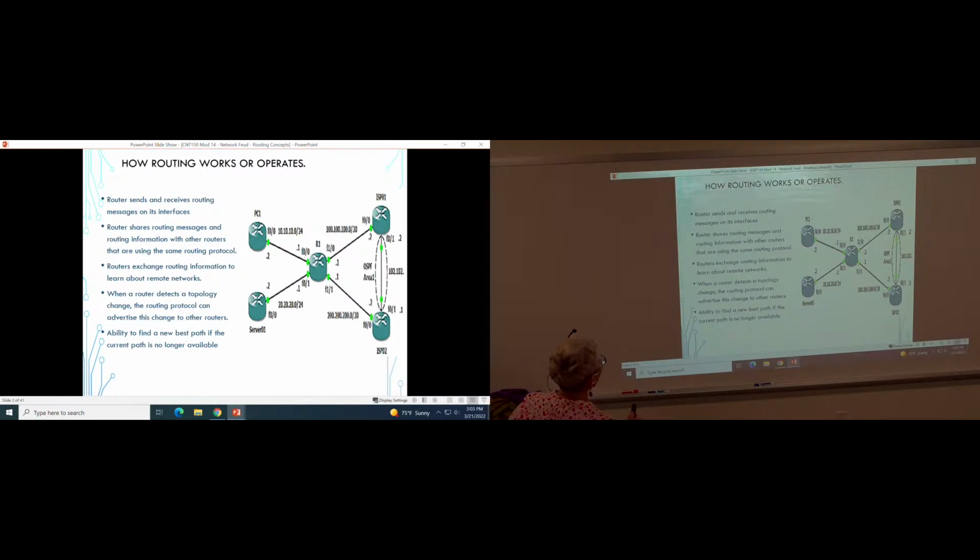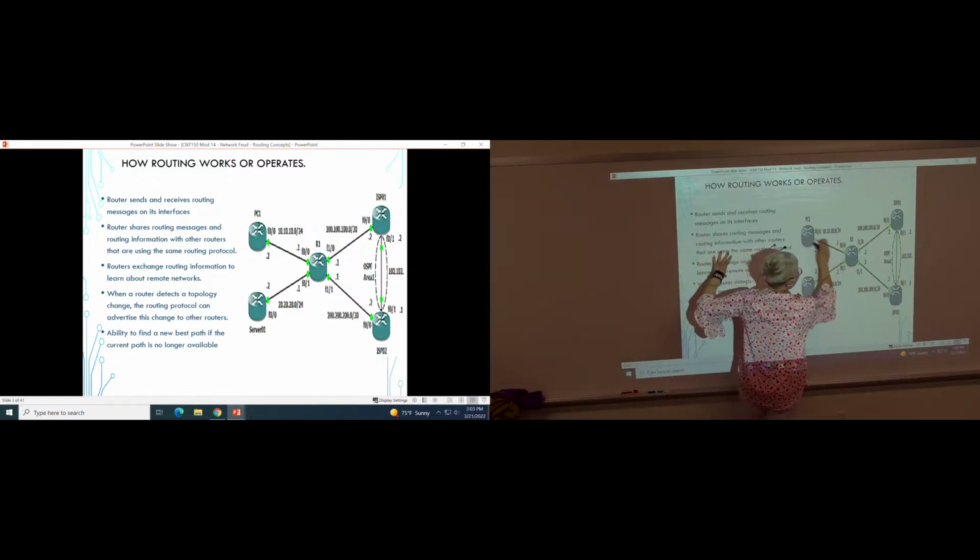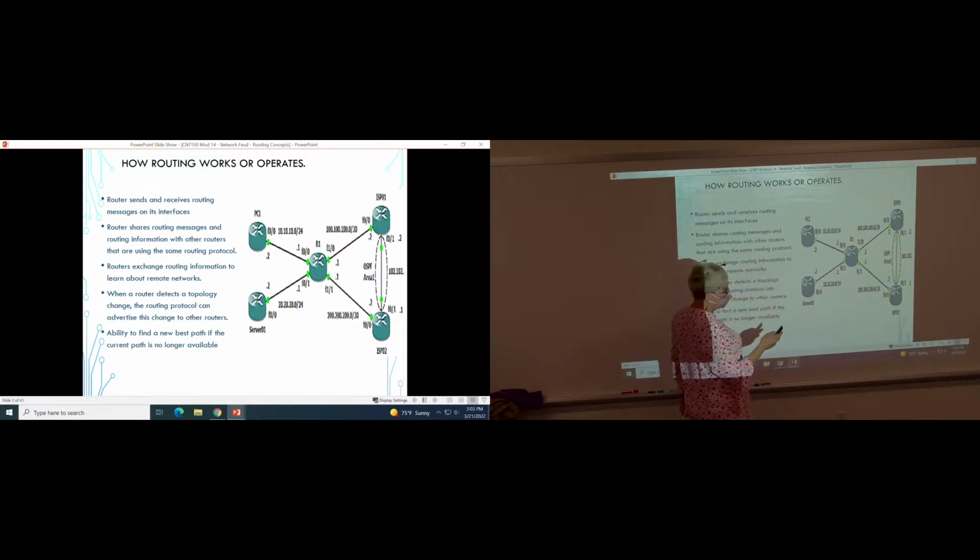Okay, so how the router works: the router is sending and receiving messages, just like what Umberto said, right? These guys are all talking to each other. Routers keep track of 3 different tables. We talked about the route table, and what routes go into the route table? The best routes. And what are the other 2 types of tables that routers keep track of?